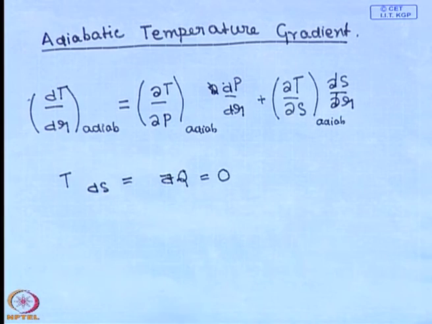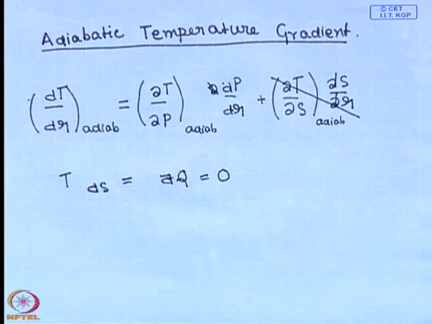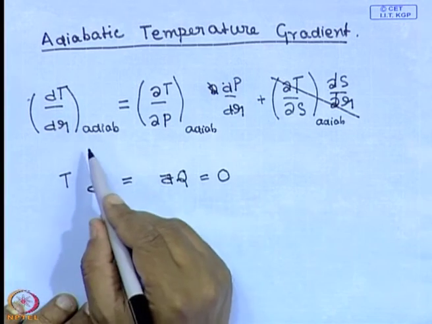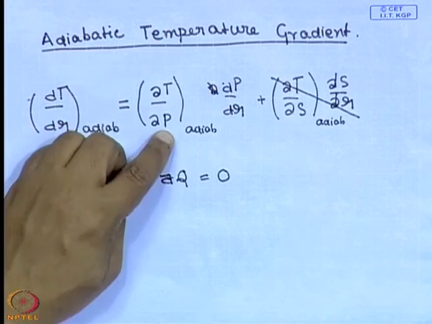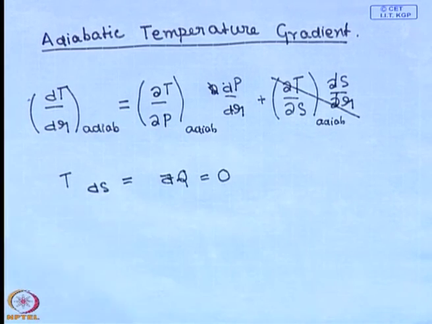So, in an adiabatic process this term does not contribute, and we have that the temperature gradient is equal to the derivative of the temperature with respect to the pressure into dP dr, the pressure gradient.